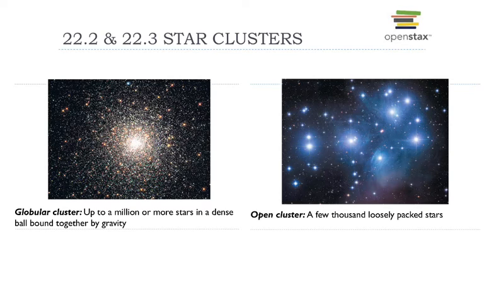And so all clusters really start off with both, but newer clusters are going to outshine with the blue light. So if we look at these open clusters, the image on the right is going to be newer stars, so it's a newer cluster, as opposed to the globular cluster. These are going to be older stars.